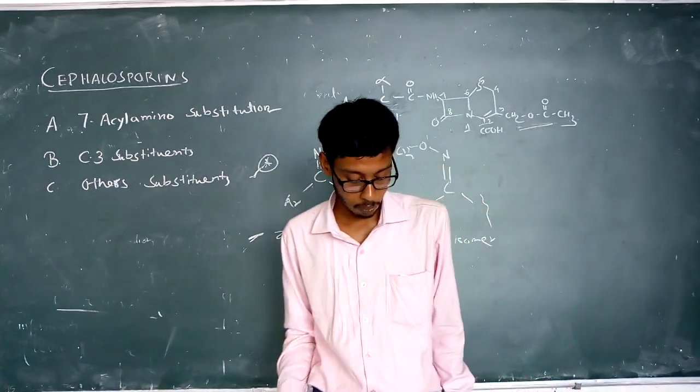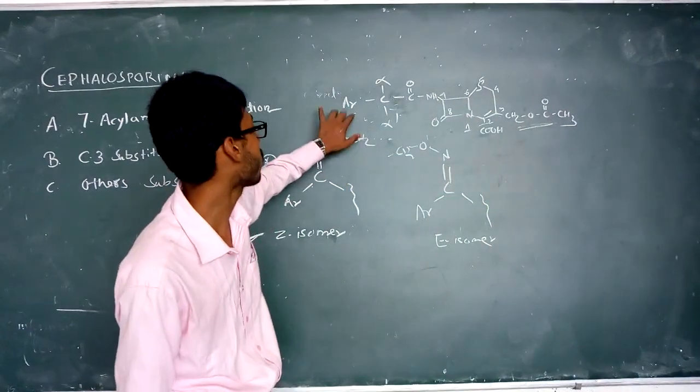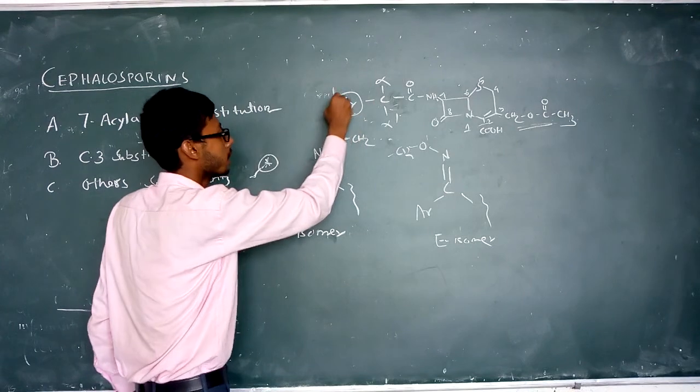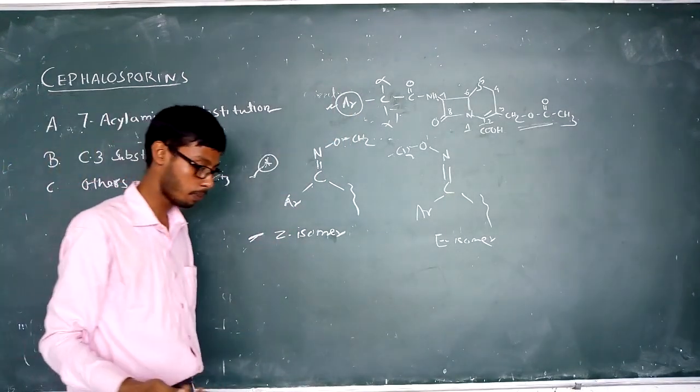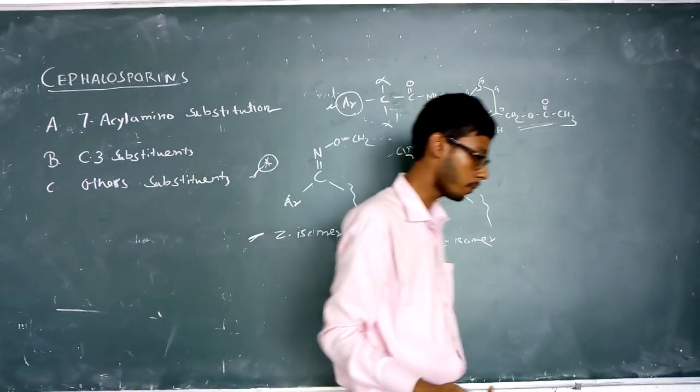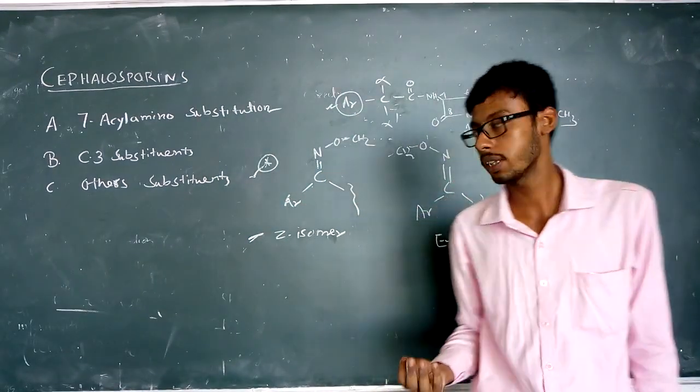Another one is the substitution of the aromatic ring. Substitution with a phenyl ring is responsible for activity against gram-positive bacteria.